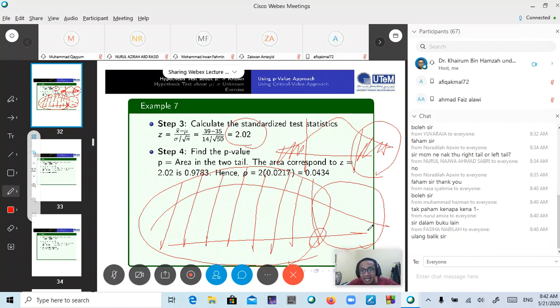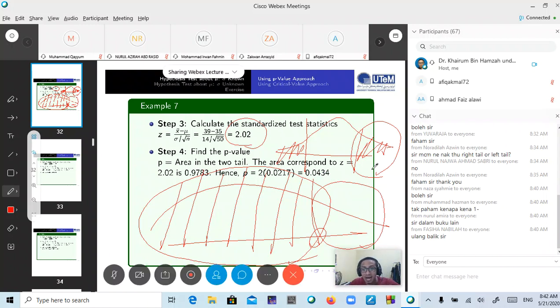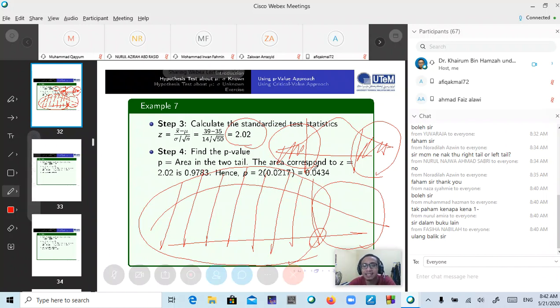Tapi, memandangkan dia two tail, awak kena darab dengan 2, supaya awak ada jawapan sebelah kanan, awak ada jawapan sebelah kiri. Sebab tu awak akan dapat 0.0434 for two tail. Kalau dia left tail, awak tolak sahaja.